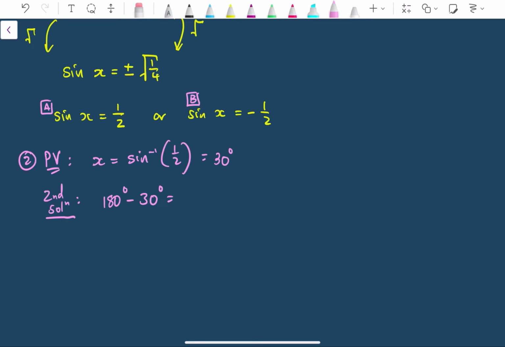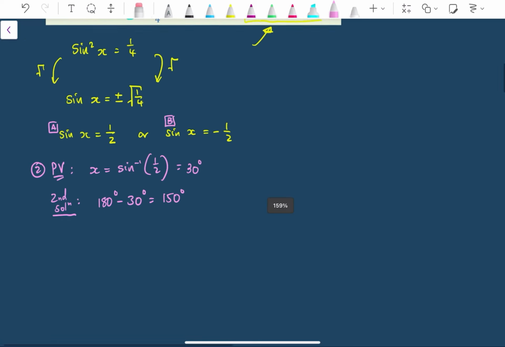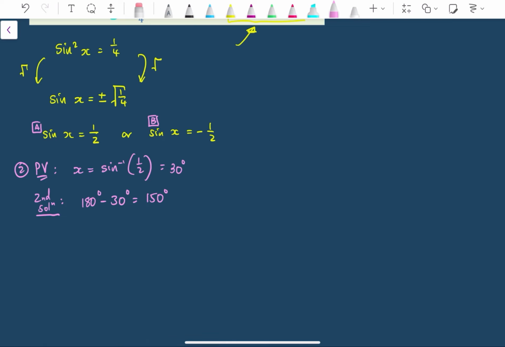And I did explain, hopefully you remember in the lesson, where this comes from. We looked at the graph and we could relate why one answer is 30 and the other is 150. Okay, so those are the 2 solutions for equation A. I also need to do the same for equation B. The principal value is going to be inverse sine of negative a half.